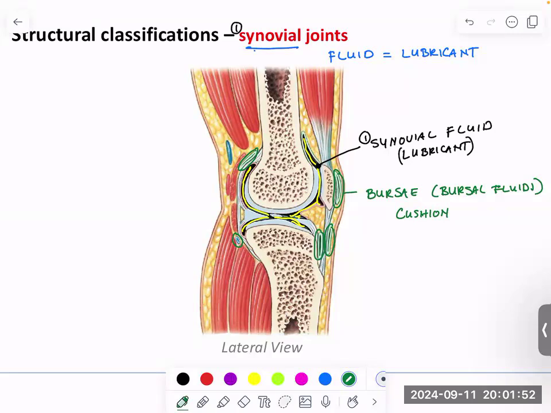So bursae will also be important for the joints, especially in the knee. The other thing that your knee has, it's always fascinating when we look at the knee, is it's going to have designated fat pads.